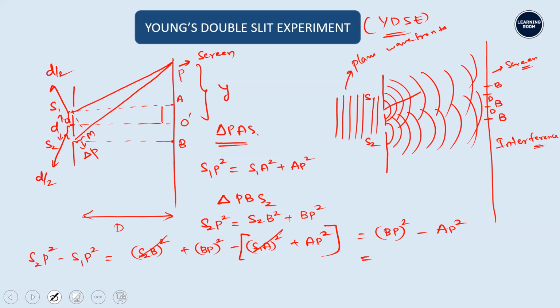Had that been the scenario, what should have been the value of BP? BP would have been D by 2 plus Y, so it is basically Y plus D by 2. So (Y plus D by 2) the whole square minus, what would AP be? Y minus D by 2.